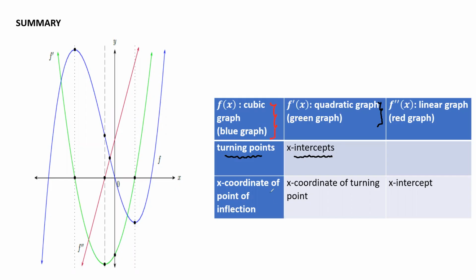Still, when you're dealing with the cubic, the x-coordinate of the point of inflection in the cubic will be the x-coordinate of the turning point in the quadratic. Further on, it becomes the x-intercept of the linear graph or the straight line function. So basically, those are the relationships.